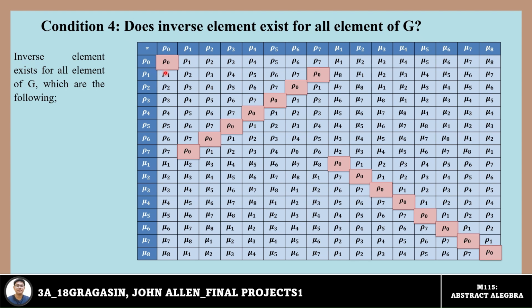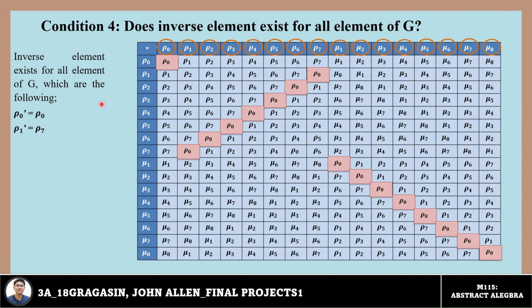The element above the identity element would be our inverse. As you can see here, the inverse of rho sub 0 is rho sub 0. This is the identity element and this is the inverse element.